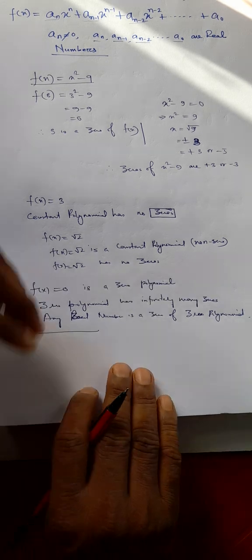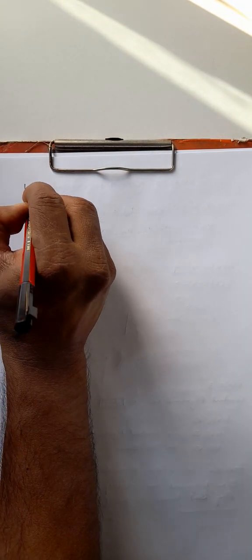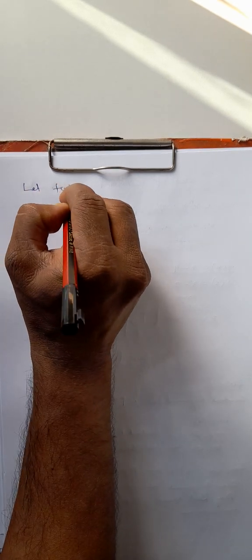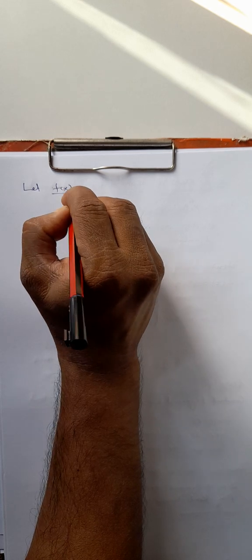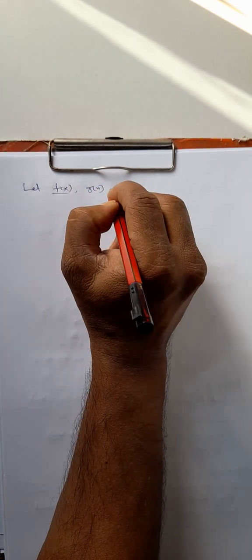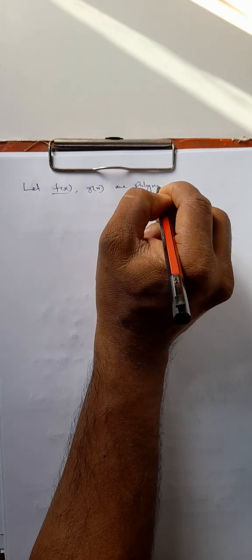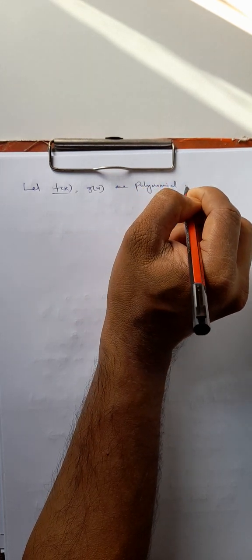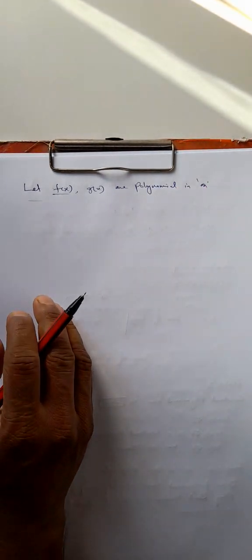Now let's discuss one important property of zeros of polynomial and degree of polynomial. Let f(x) be a polynomial in x and g(x) also a polynomial in x.